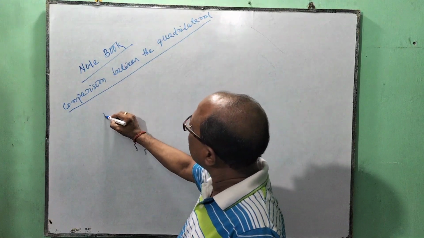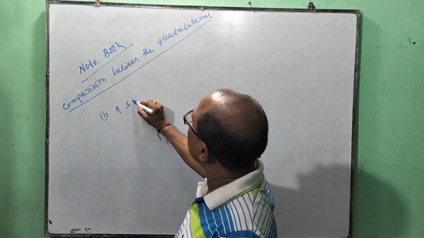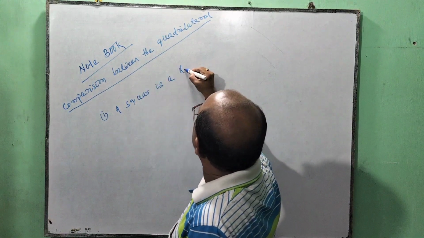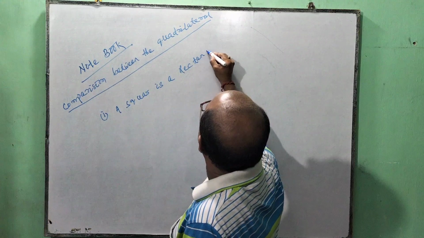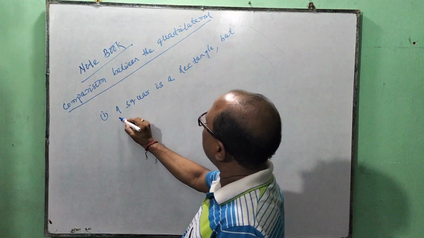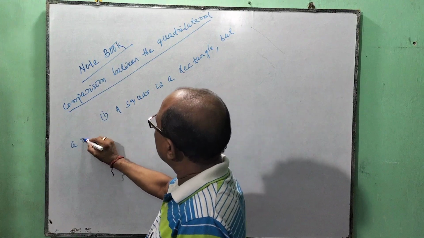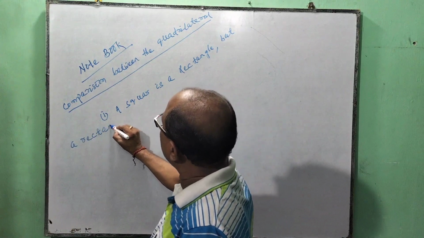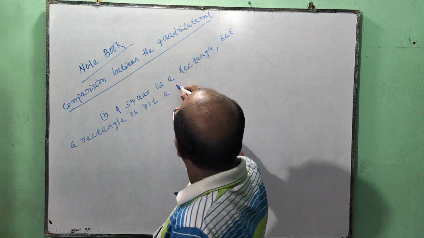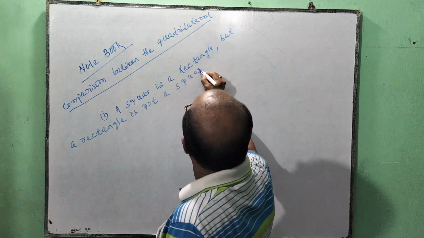Number one, a square is a rectangle, but a rectangle is not a square, right? You have to remember this.